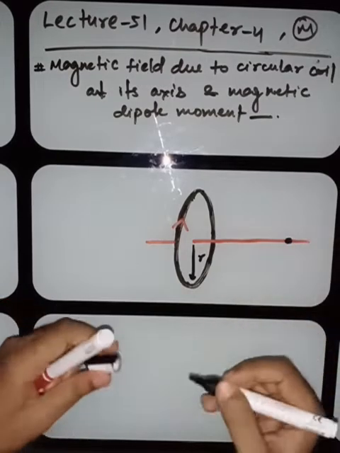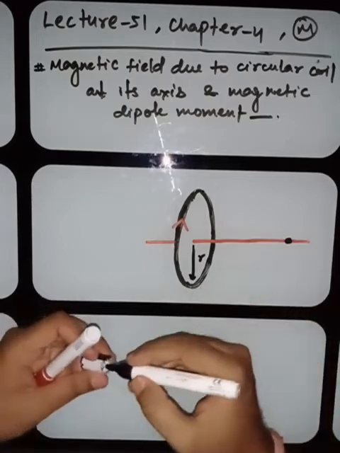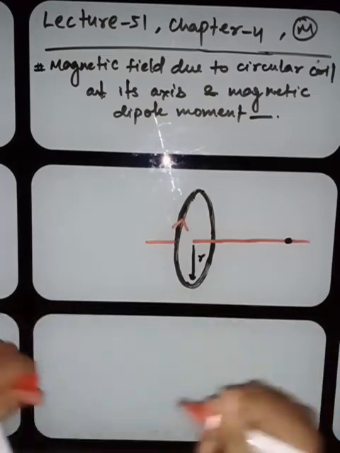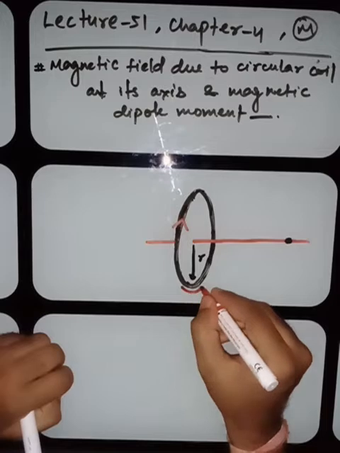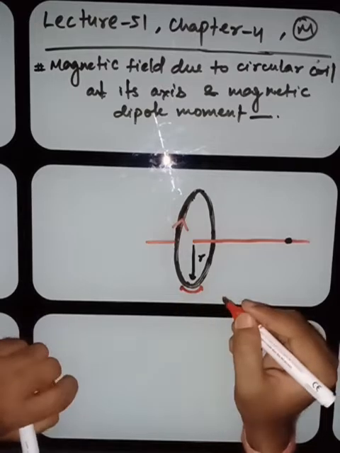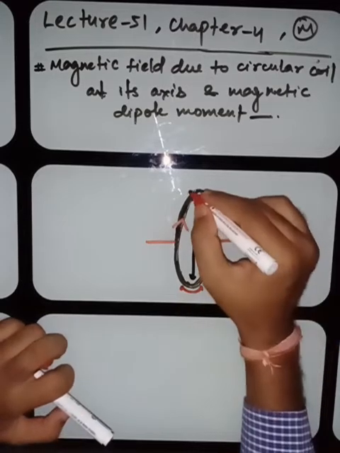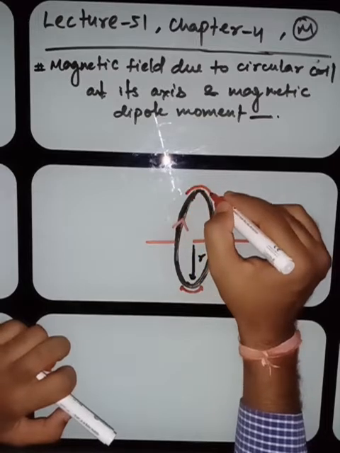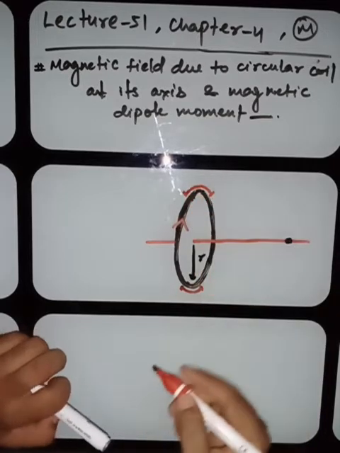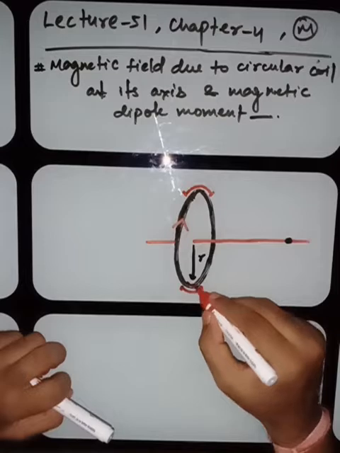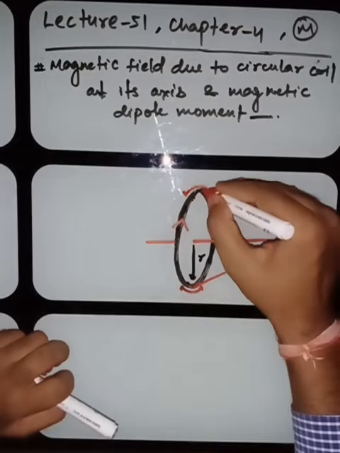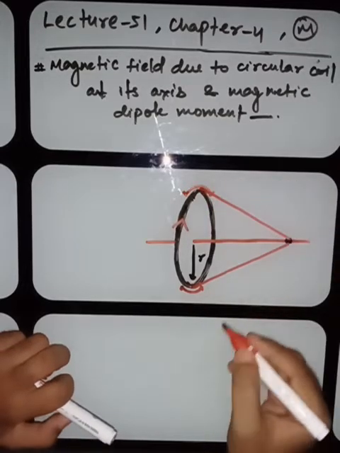Okay, let me take two elemental sections here. Suppose this one, the elemental section, to apply the BS law, and one elemental section over here. Okay, so we have to find the magnetic field. This is the length.